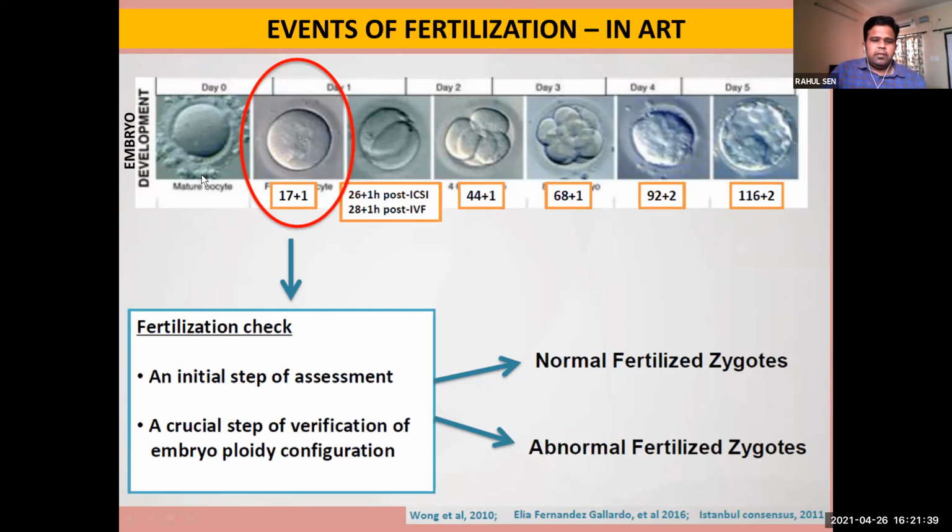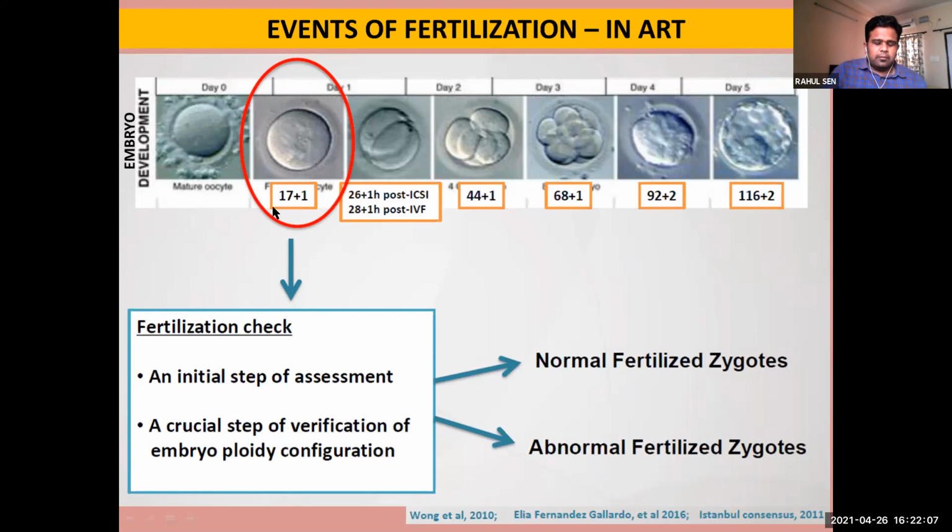The day of ovum pickup is day 0, followed by days 1, 2, 3, 4, and 5 of successive days of embryo development. The very next day is called the fertilization check, where the pronuclei are seen and the PN assessment is done. Later, the embryo is developed, and then further processing is done.